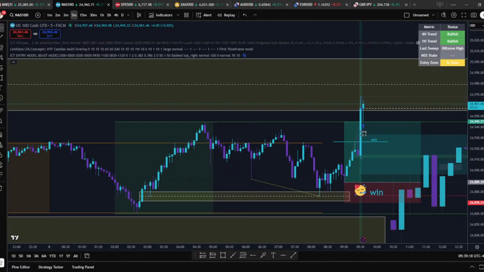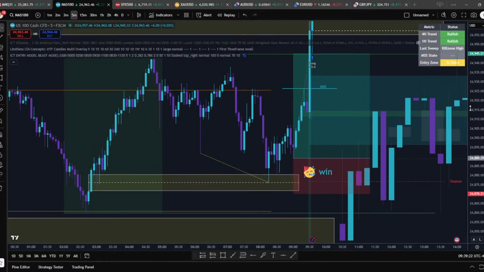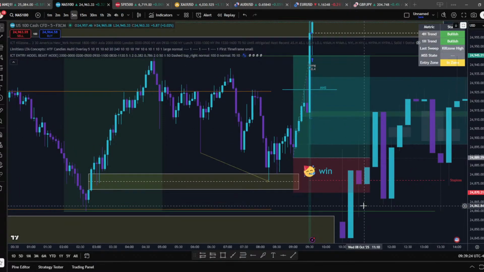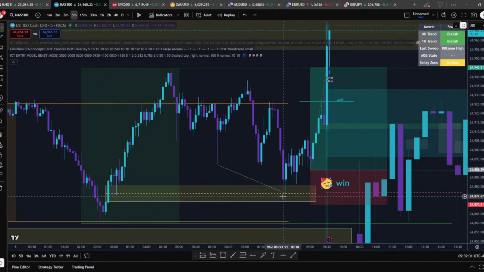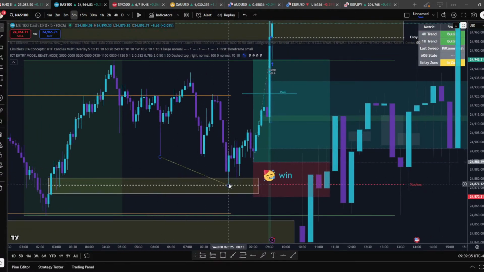I explained it on my live, bro. I said there's an SMT that formed, and the fib from the bottom of the London to the top of London, so the OTE level or the golden pocket level, there's a fair value gap at that level. It then tapped in that fair value gap perfectly.